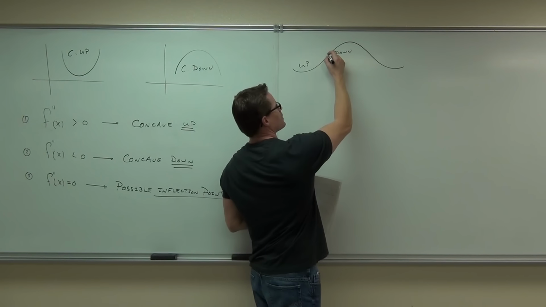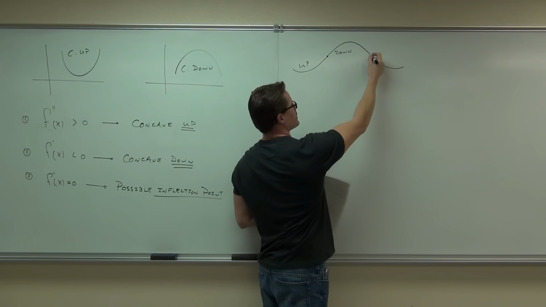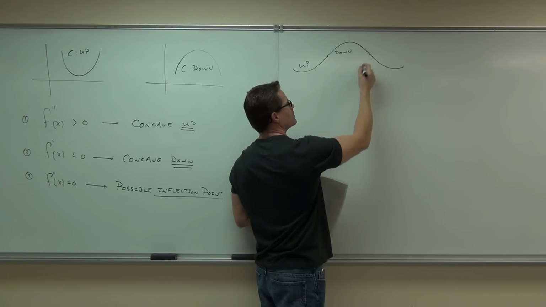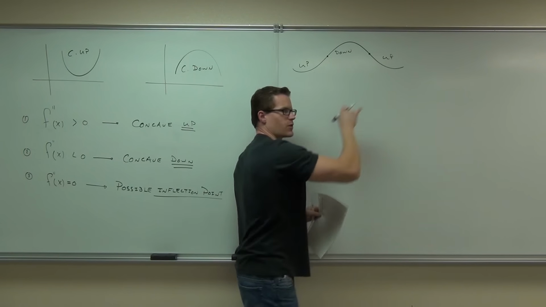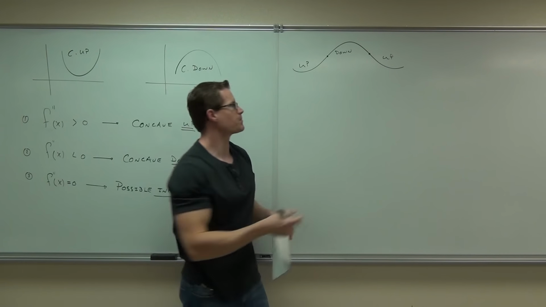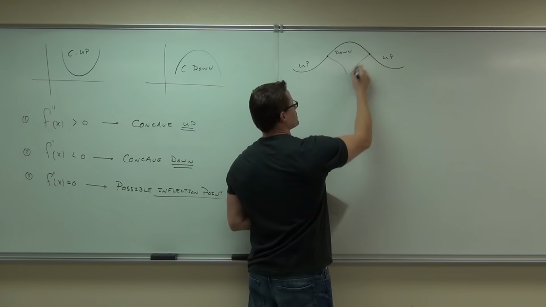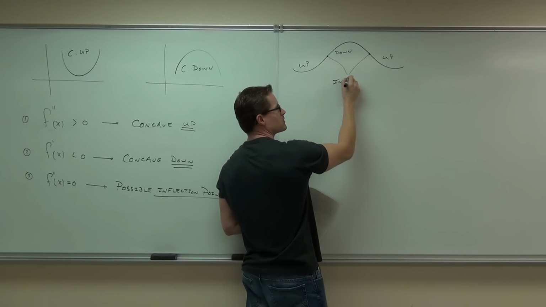Where do we stop being concave down? Somewhere in here. It looks like about right there to me. And then we're concave up for the rest of our curve. Those 2 points, those are called our inflection points. So right here, this is how this would relate to this information. These are inflection points.